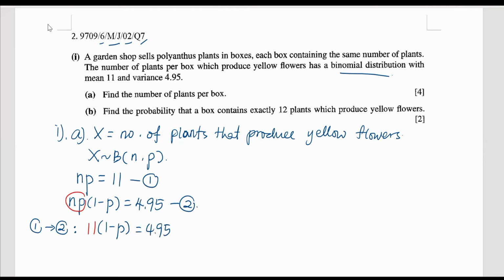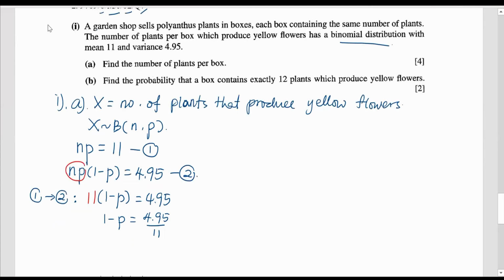So we solve this equation to get the value of p. 4.95 divided by 11 is 0.45. So 1 minus p equals 0.45, and finally, p equals 0.55.